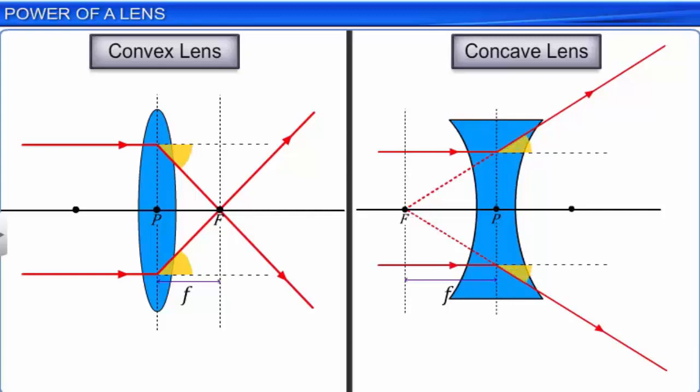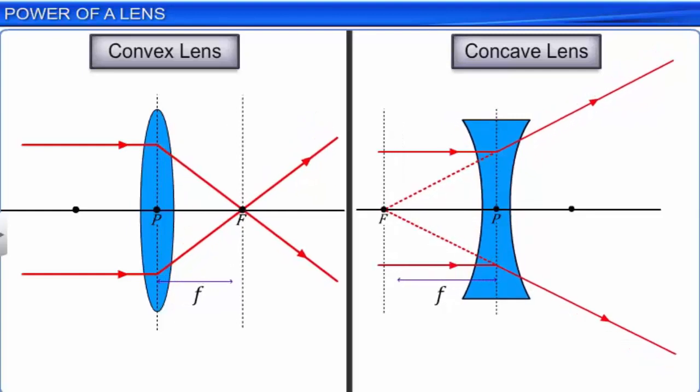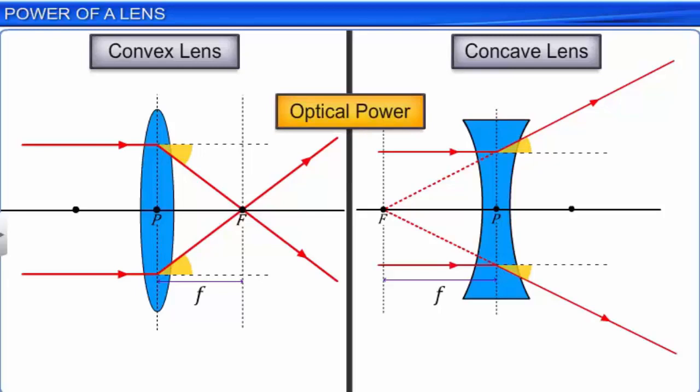On the other hand, if the focal length of the lens is high, then the convergence or the divergence is less. The physical quantity that is a measure of the convergence or divergence of light introduced by a lens is called its optical power. The optical power of a lens is defined as the tangent of the angle by which it converges or diverges a beam of light falling at a unit distance from the optical center.